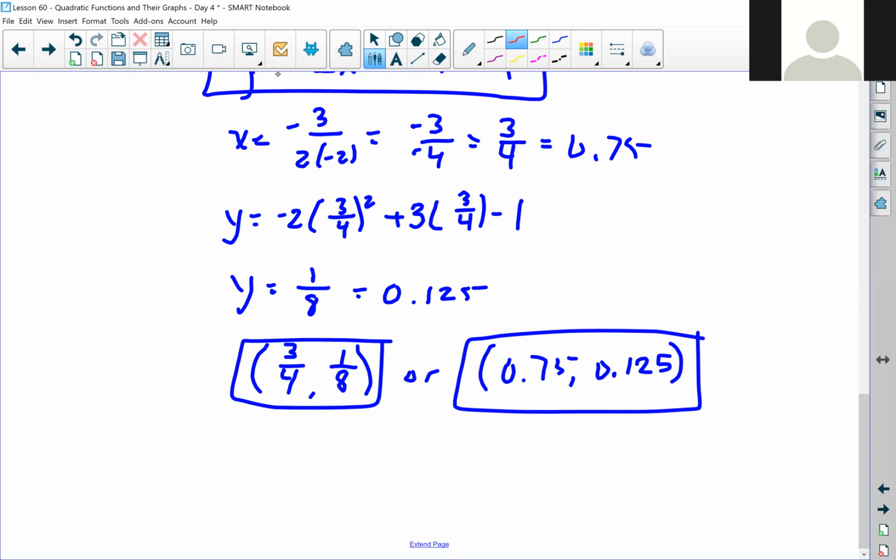You could also then write the equation in vertex form if you wanted. You do not need to, so I wouldn't even worry about that.